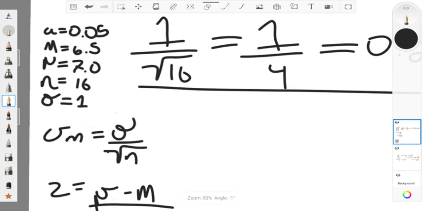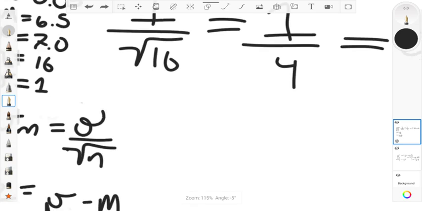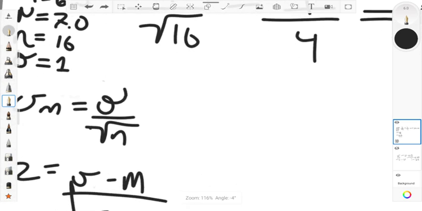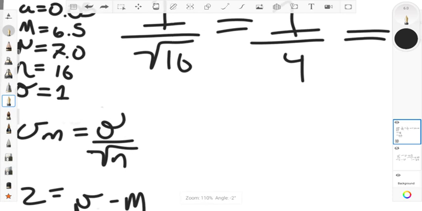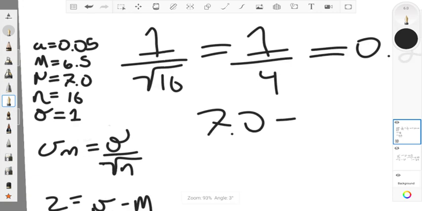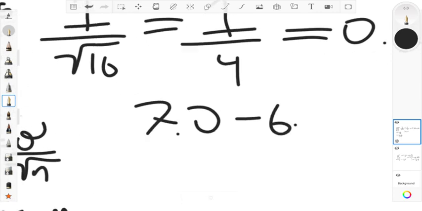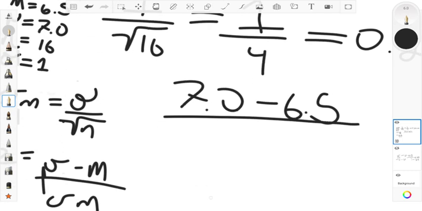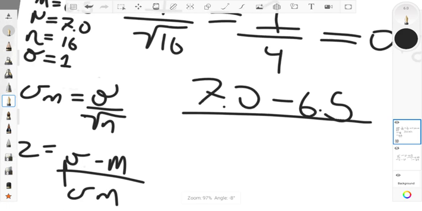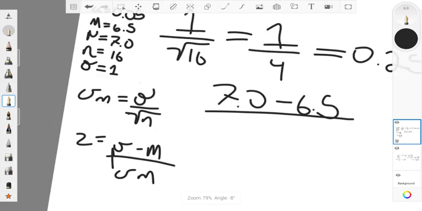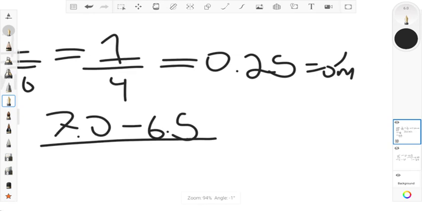Then we'll do our z-score, which will be our mu of 7.0 minus our M, which will be 6.5, and then divide that by the value we found up here with our sigma M being 0.25.